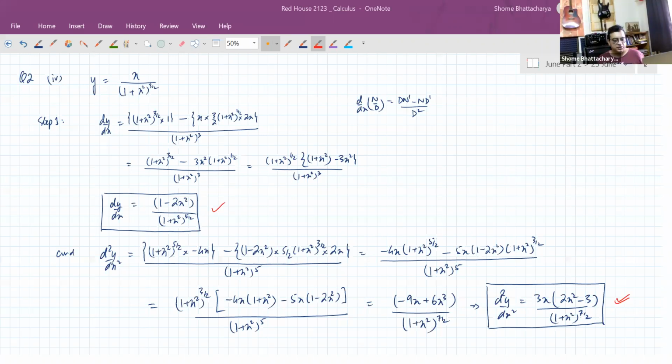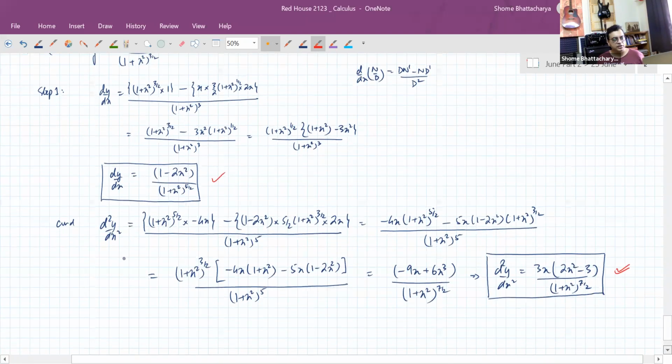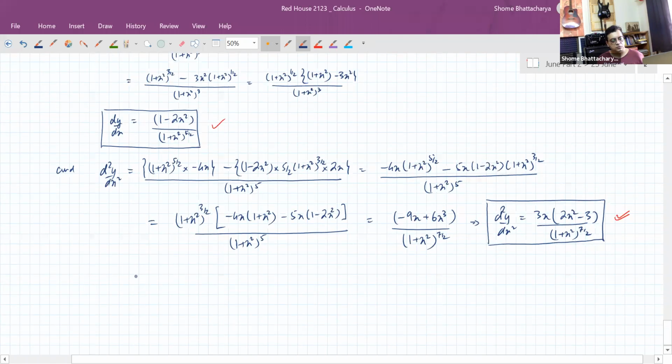Okay, so now let's complete the calculation of the critical points and second derivative test. Now you can see in this the denominator is never going to be 0 because it's 1 plus x squared to some power.